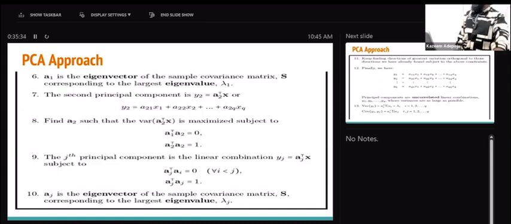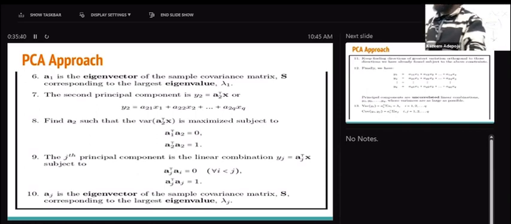But at the end of the day, we can guarantee that any two principal components will not be correlated. And what we're giving here is a condition under which they cannot be correlated. Now, when you look at step 10, I told you the other time the AJ, which are the constants in the linear setup, they are the eigenvector.